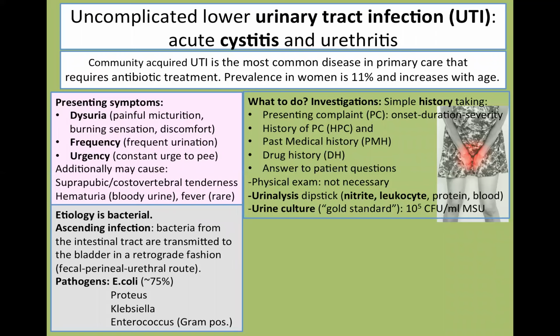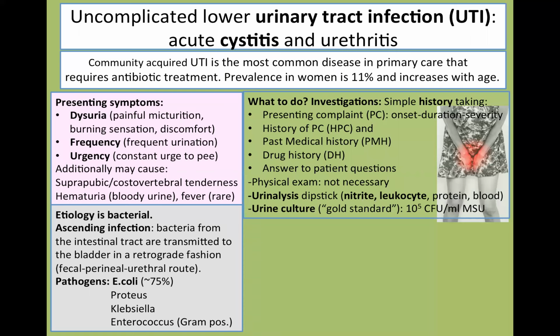So what do we need to do? A very simple history taking is needed, because the presenting symptoms will help us immediately to discover this disease. We do need to know the past medical history and drug history to make sure that we are not reusing just the same drug which already led to the infection.